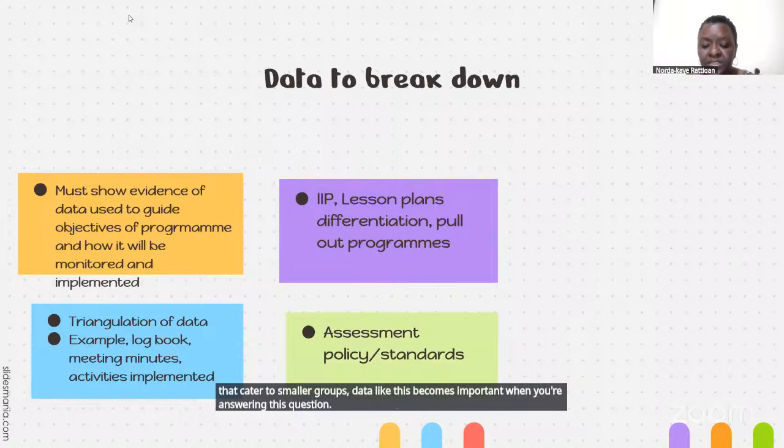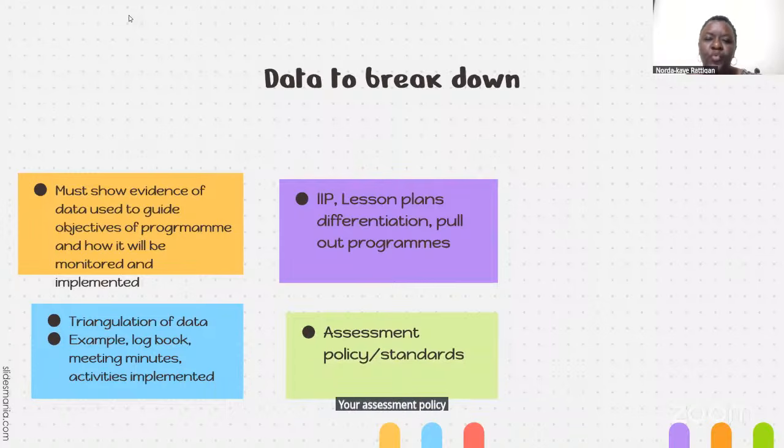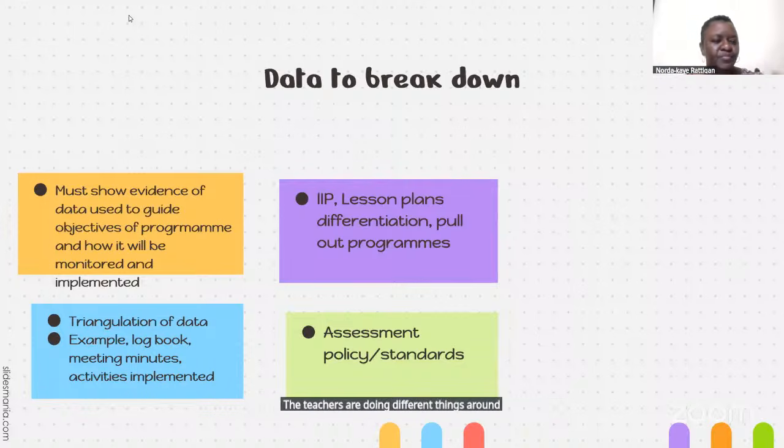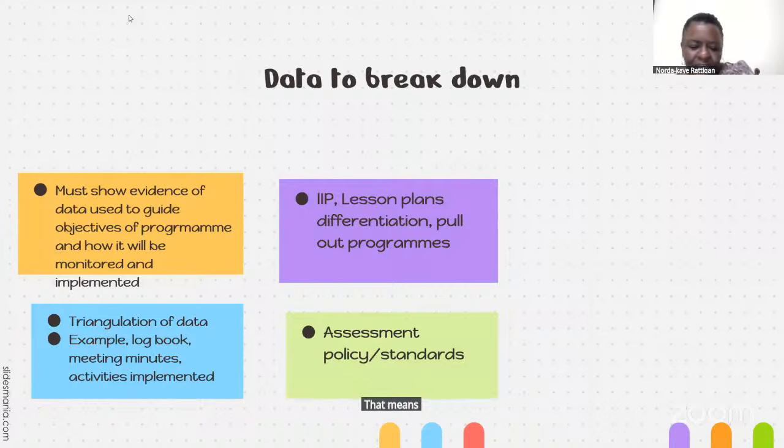Your assessment policy must match with what you do in the school. So if your assessment policy says that I must test every 6 weeks and the teachers are doing different things around the school, and some don't write any 6-week test and you don't know, that means there's no standardized program at the school.